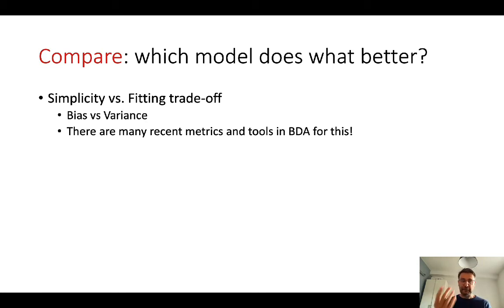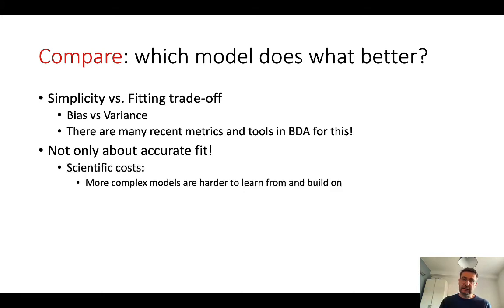It's more about learning to use existing tools rather than the computational checks in the second step that we discussed, which are difficult to do, even for the experts in some sense. But it's important to think here that it's not only about accuracy or the fit, right? Just as in other elements of modeling, we have to consider the scientific cost of having a more complex model.